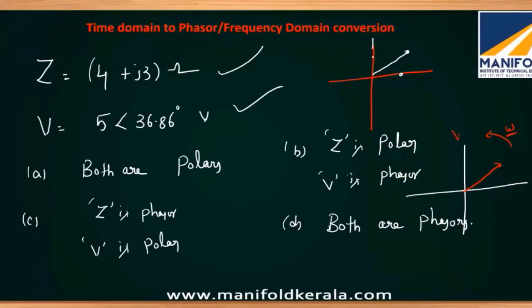So this is the representation of V and this is the representation of Z. Even though the snapshots look the same, Z is a fixed quantity in the complex domain. It will not move anywhere, whereas this fellow is continuously rotating in the anti-clockwise direction with omega radians per second. So voltage is a phasor, impedance is a polar quantity.